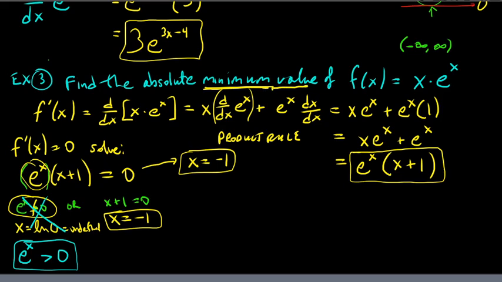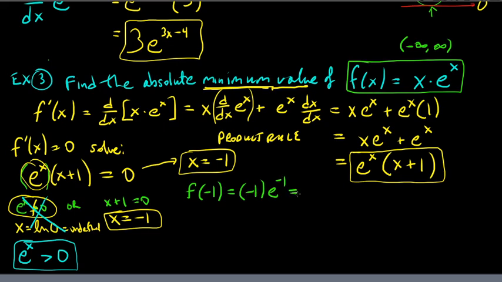So now we have to plug -1 into the original function. Here was the original function. This is just going to be -1 times e to the -1, or you can write it as -1 over e. And that's the absolute minimum value.